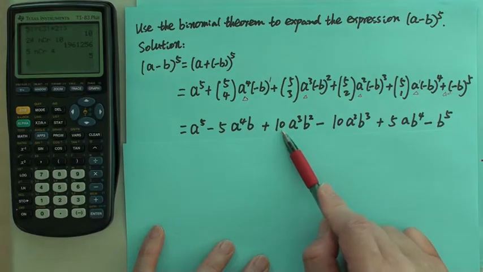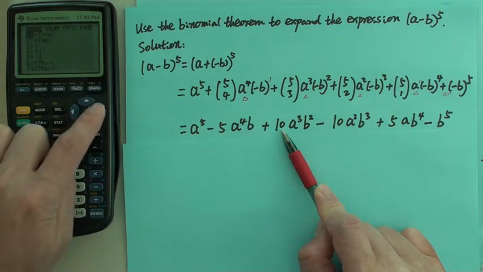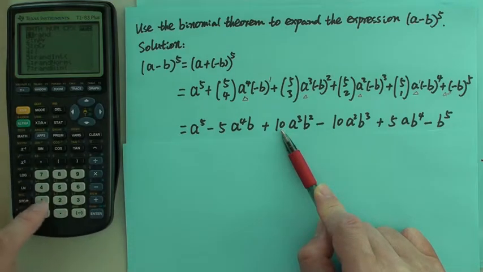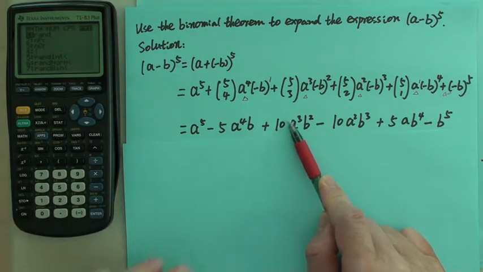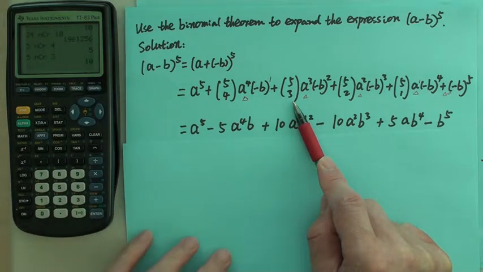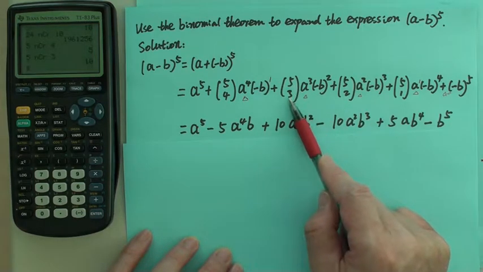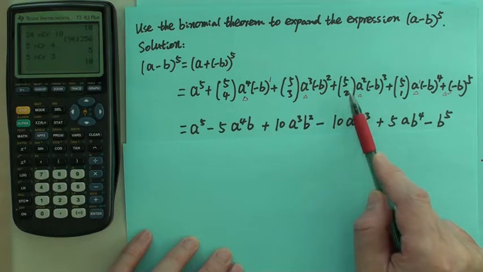5 choose 3 is 10. You may do that again. 5, math, PRB, choose, 5 choose 3, okay, is 10. Okay, 5 choose 2, again equals 5 choose 3, because 3 plus 2 is 5.